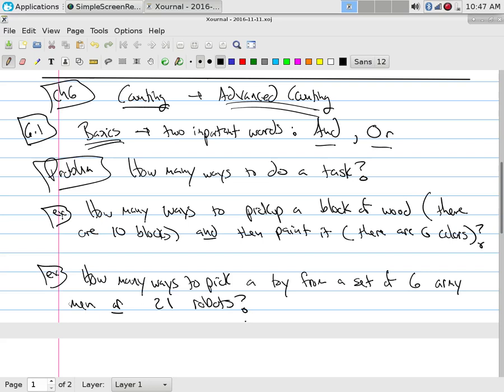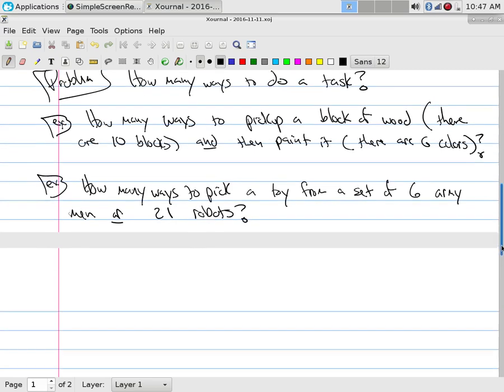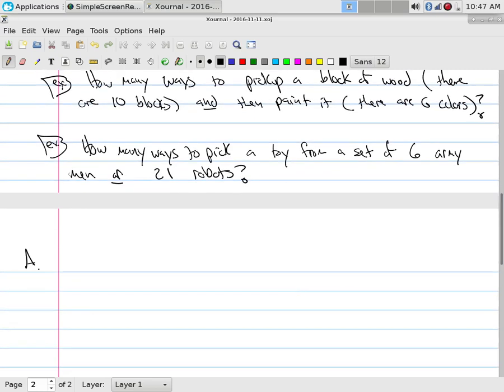Now, let's look at this idea of the and, like what we have up above. If you tell me you're going to pick up a block of wood and then paint it, I could notice that this task has literally 2 components which form one thing.